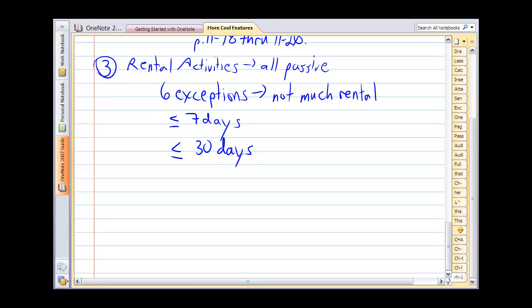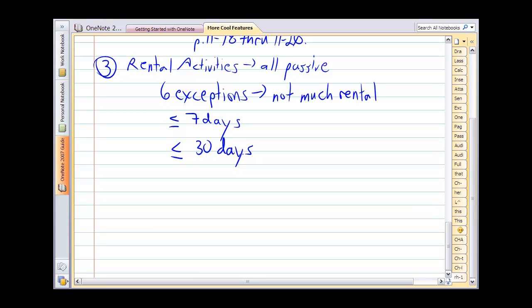I'm basically just spouting off what's already listed in the chapter here. The owner of the property provides extraordinary personal services. Average period of customer use is of no consequence.